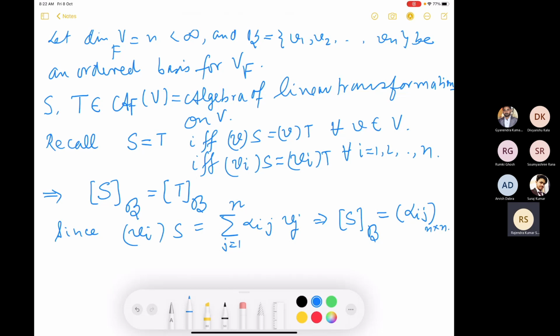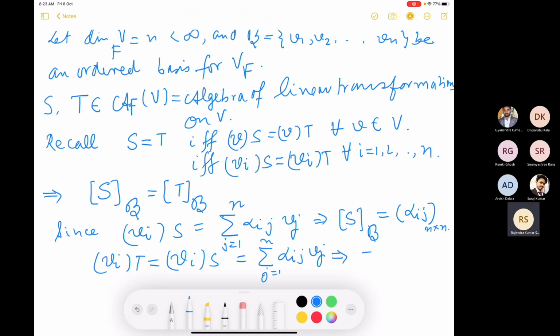Now, since ViS is the same as ViT, ViT is also the same as that. So ViT is the same as ViS, which is the sum of alpha ij Vj, j = 1 to n.